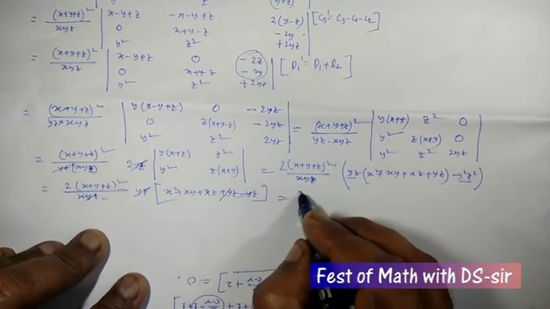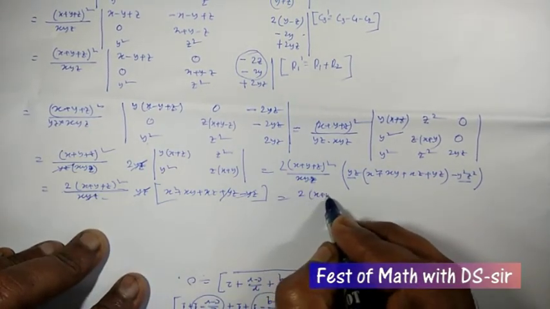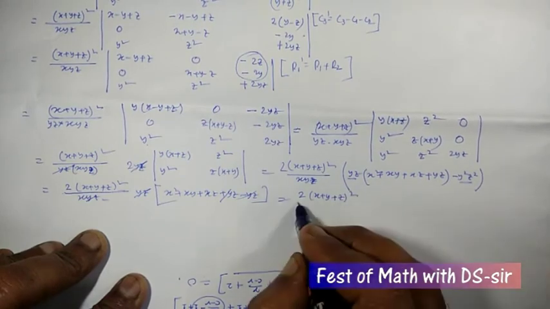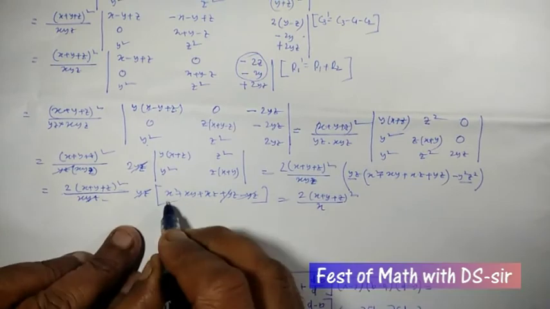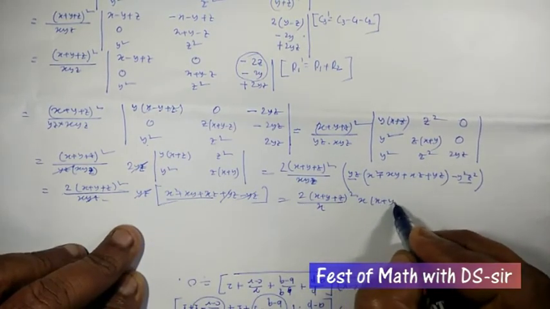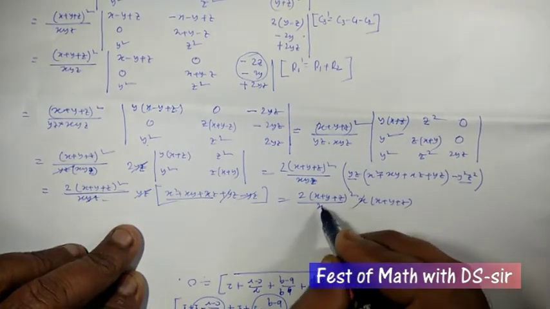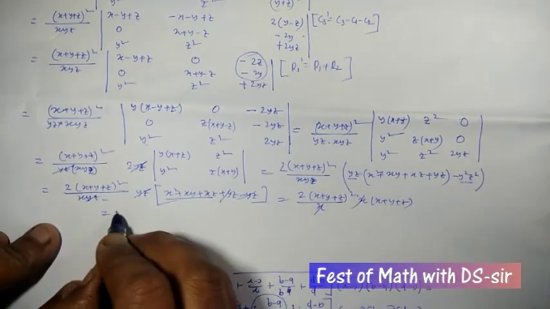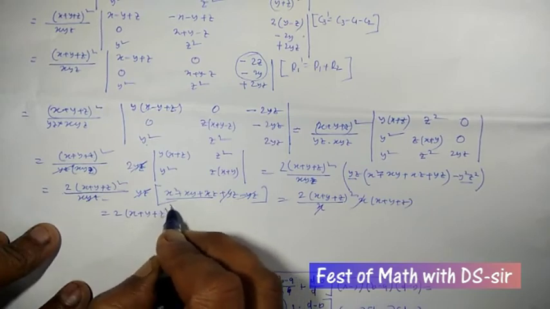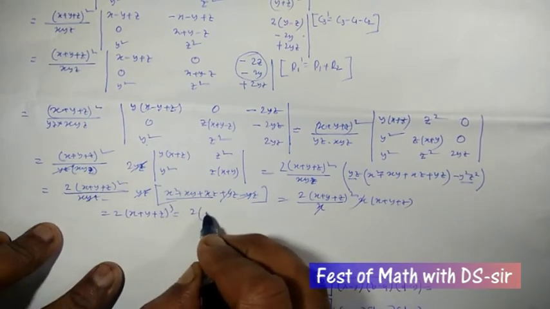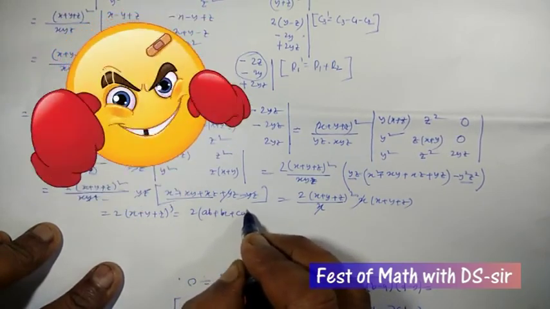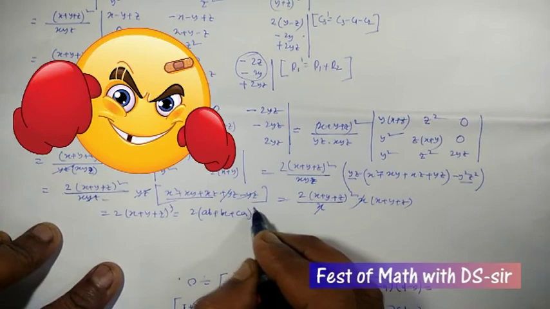So that gives you 2 into (x plus y plus z) whole square by x, and x comes common from here, x into (x plus y plus z). So x cancels. That gives you 2 into (x plus y plus z) whole cube. That is 2 into (x is AB, BC, CA) whole cube.